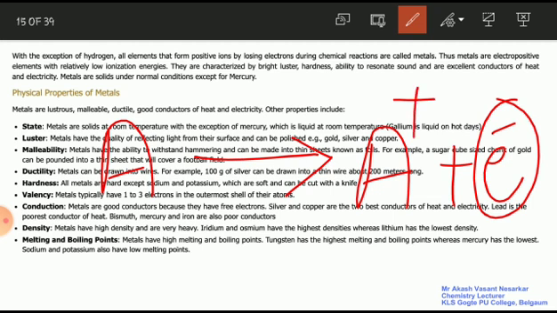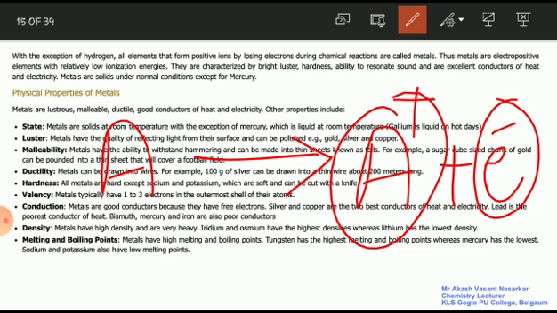Then a positive charge appears on A, and that positive charge is nothing but what? Ion. It may be a cation. If a negative charge is there, then it may be an anion.